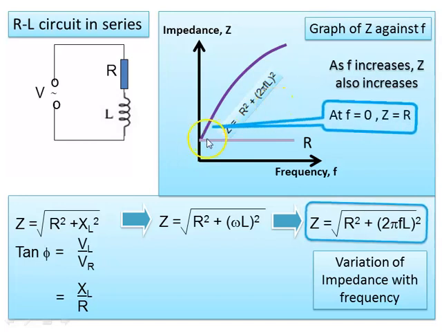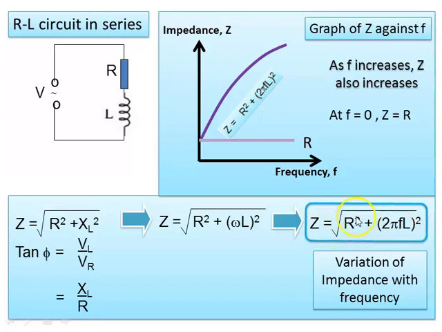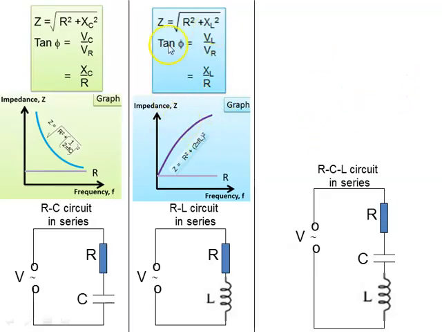And then at F0, Z equals R. If we substitute F0 here, we get Z equals square root of R squared, and that means Z equals R. So this is the conclusion for the RL circuit in series, where impedance Z equals the square root of R squared plus XL squared, and the graph Z against F is an increasing curve.